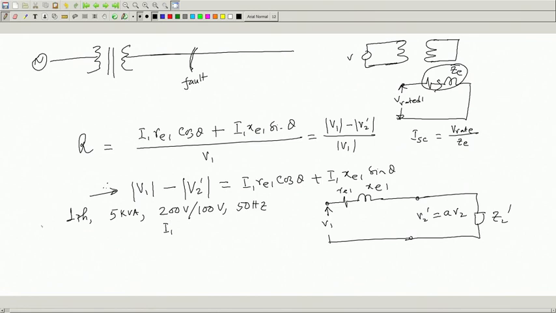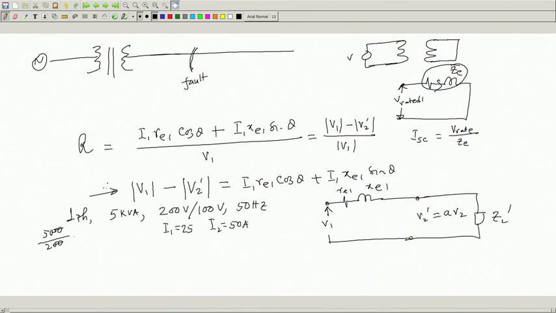It will be 5000 VA divided by 200, so the rated current is 25 ampere, and the LV side rated current will be I2 equal to 50 ampere.